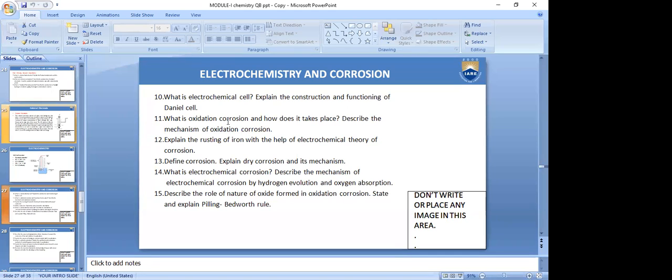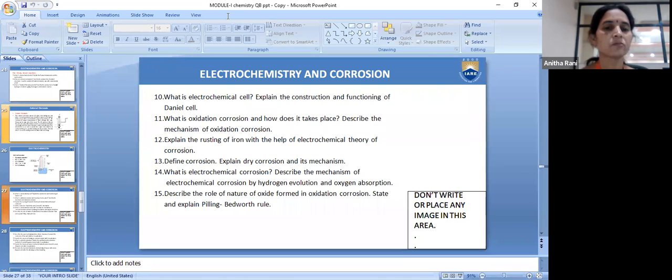Students, what is oxidation corrosion? Corrosion in metals takes place in presence of moisture.